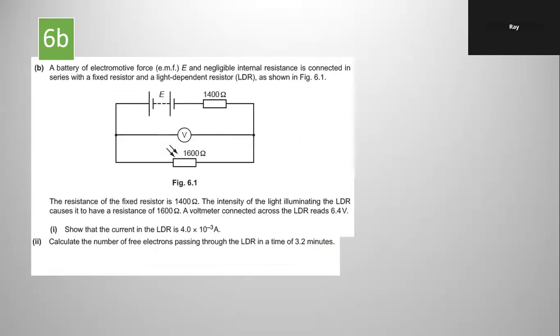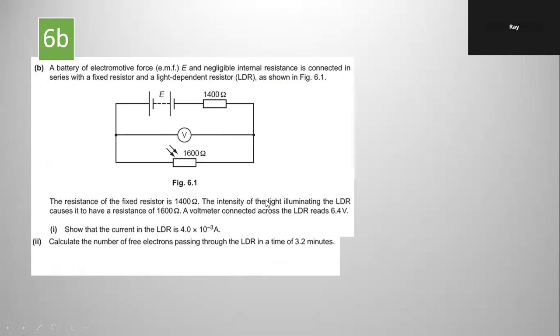Part B. A battery of electromotive force E, that is a battery, and negligible internal resistance is connected in series with a fixed resistor, and a light dependent resistor, as shown in figure 6.1. The resistance of the fixed resistor is given.